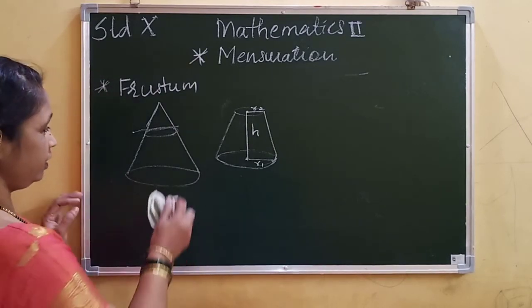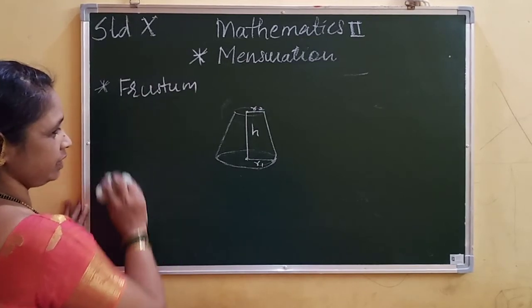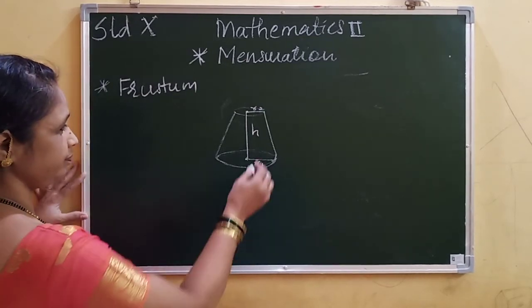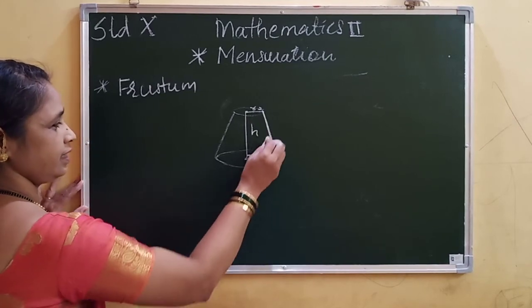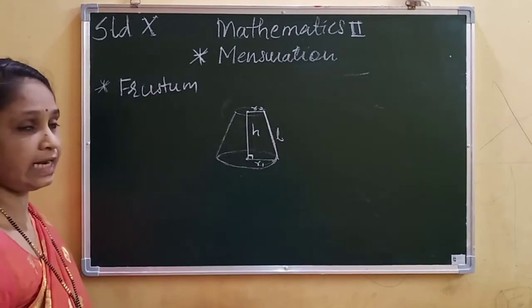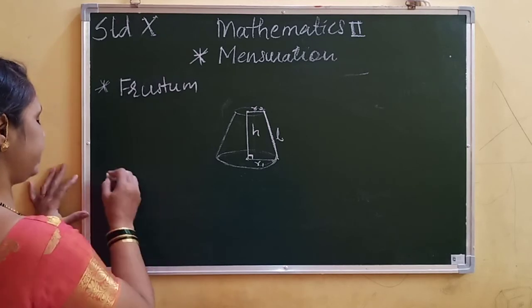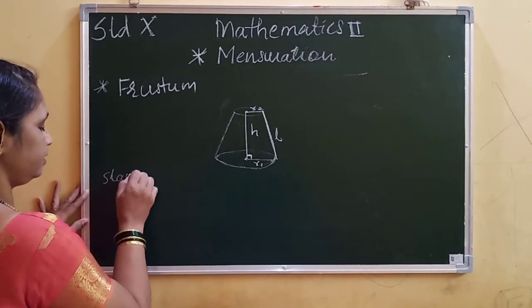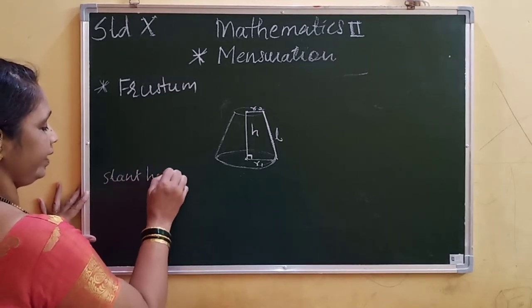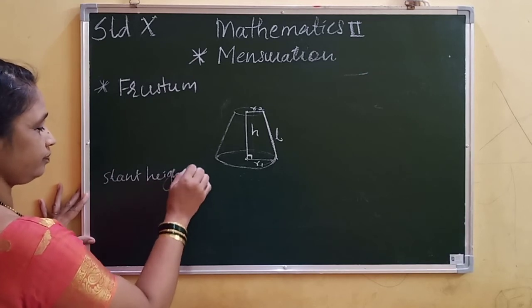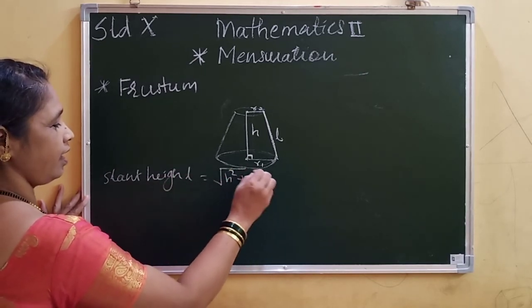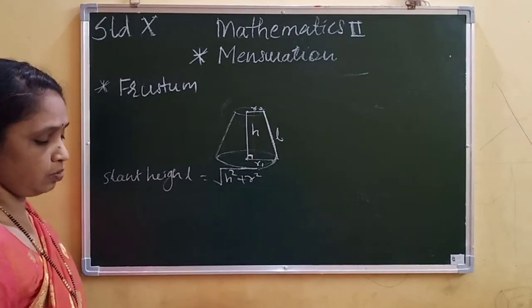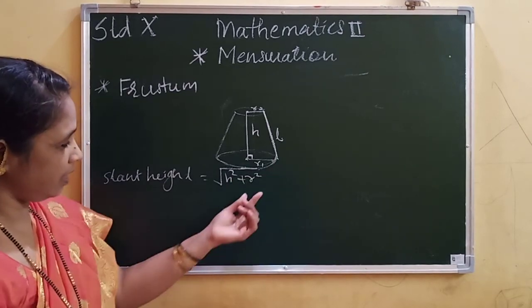Now we'll have the same thing again. See, this part is slanted, so it is a slant height. So what is the slant height? Slant height of the frustum, L, is equal to the square root of h square plus r square. Now what is r?